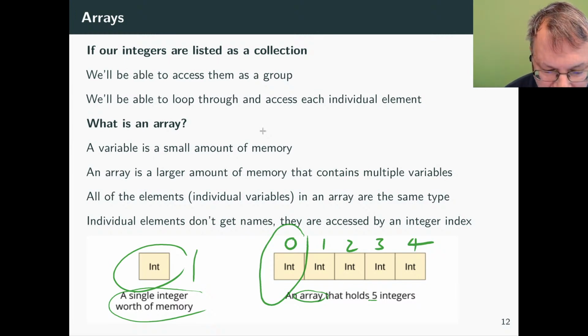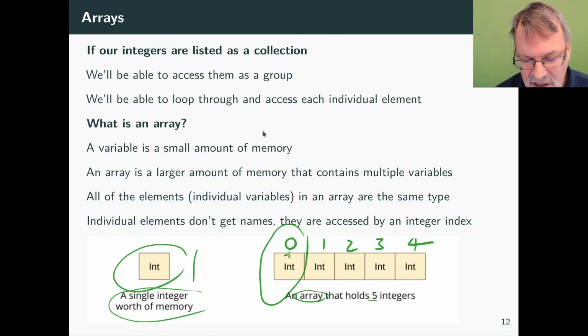But remember, to get the first array element, it's 0. If your array has 50 things, the last index will be 49. If your array has 10 things, that'll be index 9. If your array has n things, n minus 1 is the index of the last one.